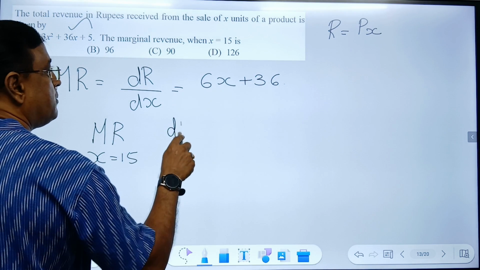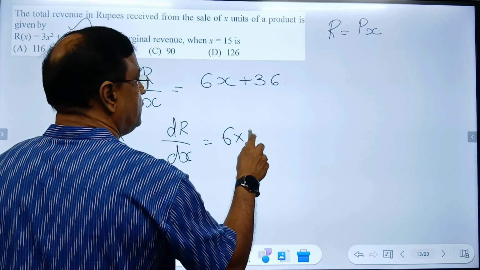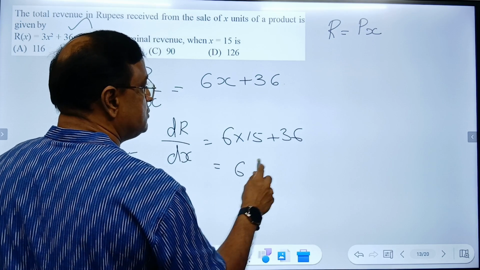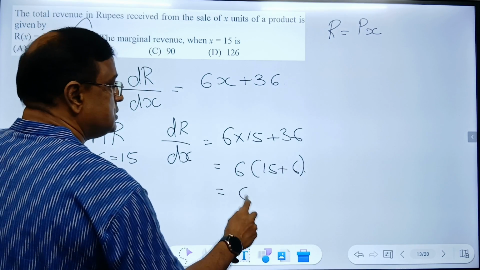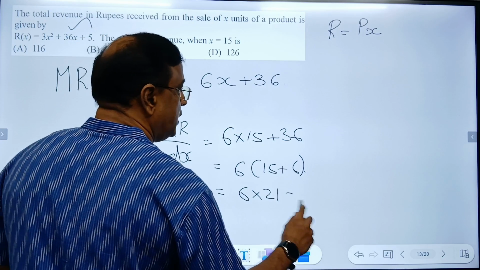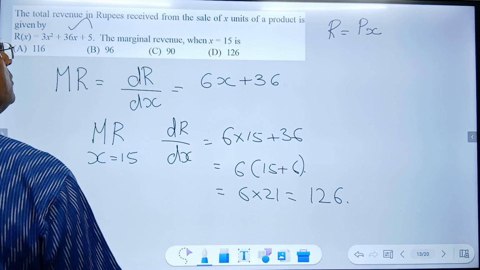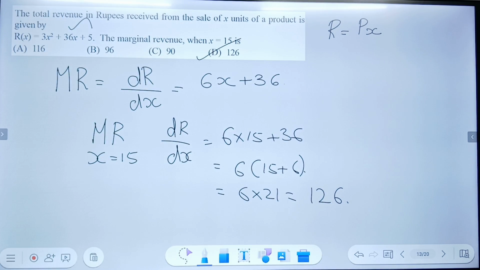So dR by dx is nothing but 6 into 15 plus 36. You can take 6 outside. I get 15 plus 6, which is 6 into 21. So the answer is 126. So 126 is the option. Very, very simple question. Okay.